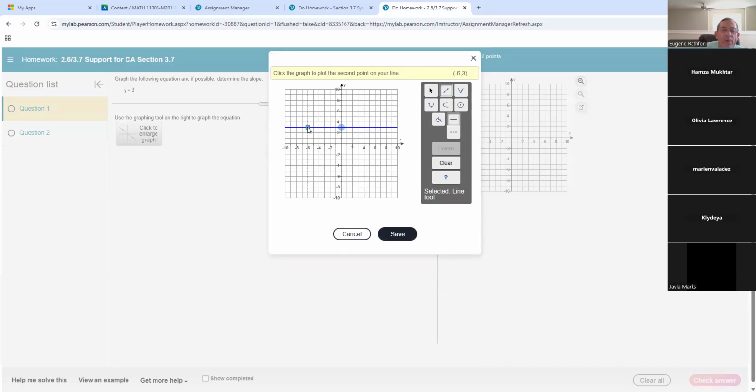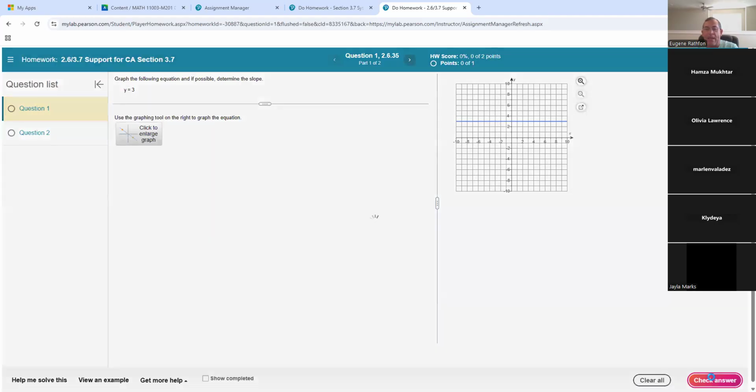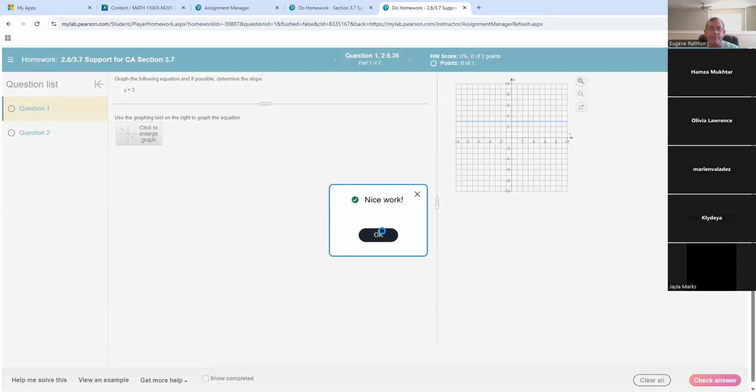Say I could go to -7, 3 and pick that. As long as I got a horizontal line crossing at 3 on that y-axis, okay? Now these you didn't have to shade in support, you just had to draw the line. So you graph that one, check answer.